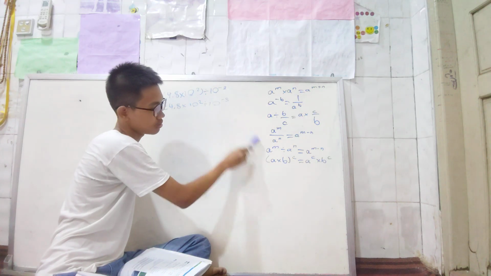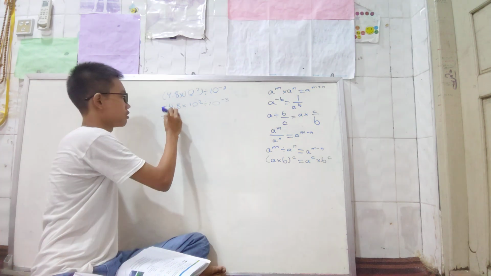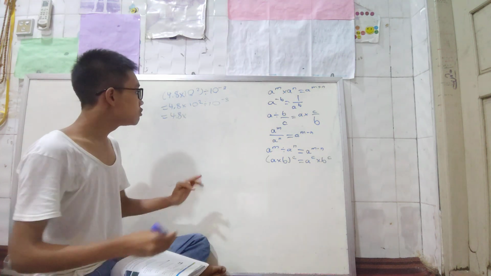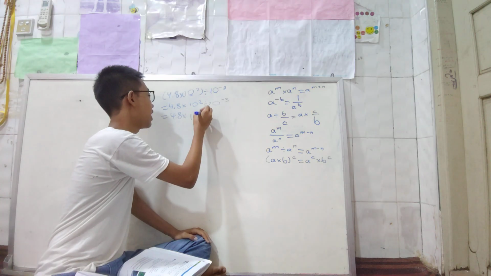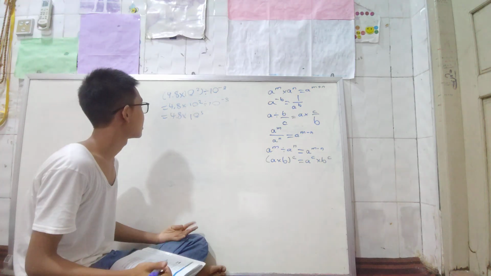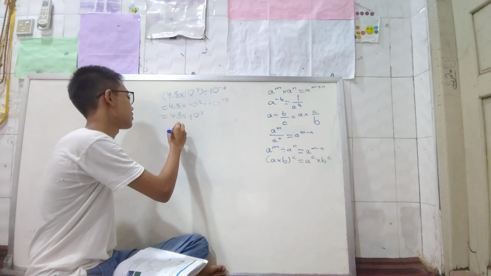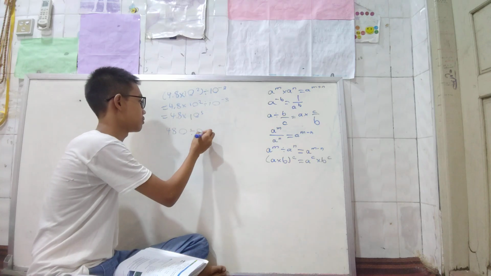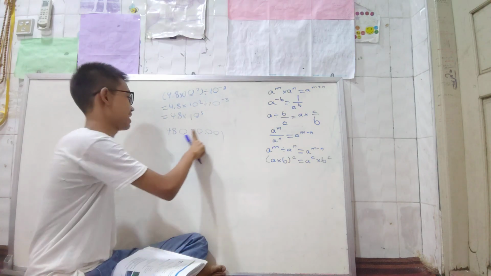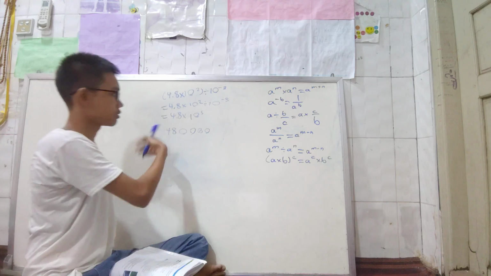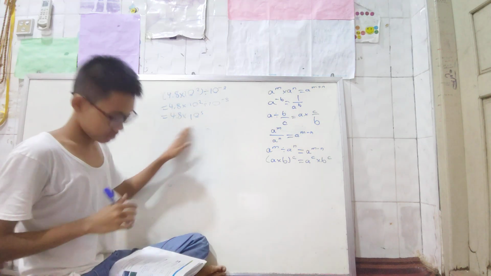We're going to use this rule here, okay? So 4.8 times 10 to the power of 2 minus minus 3, that's going to be 5. Perfect. Which means that 480 divided by 0.001. That's like adding 3 zeros. Right? So it really matches.